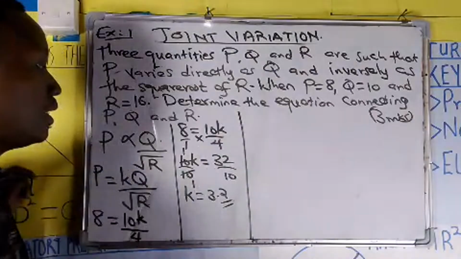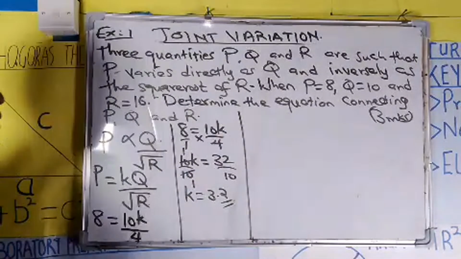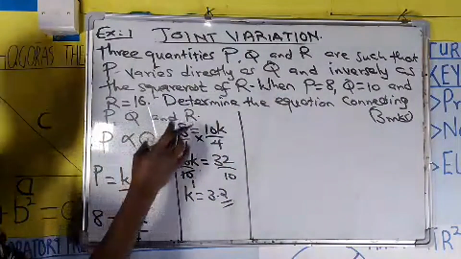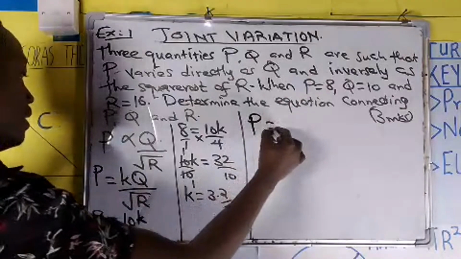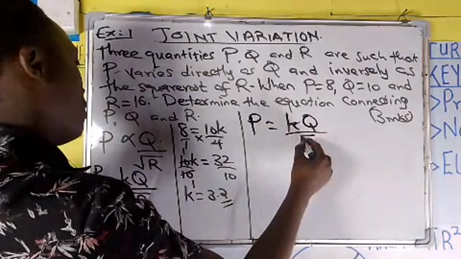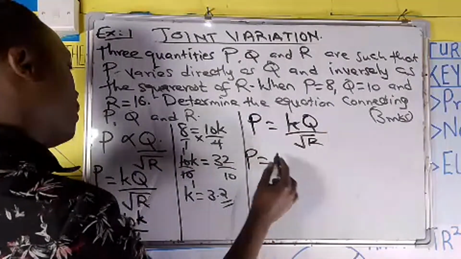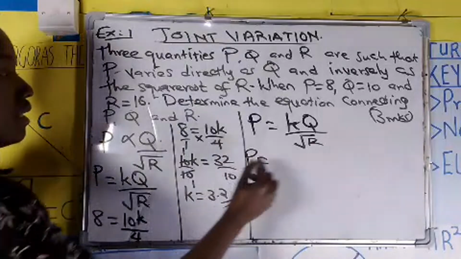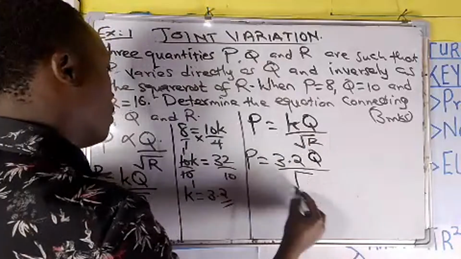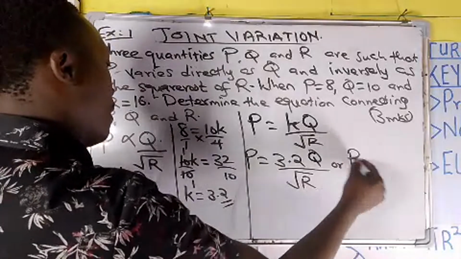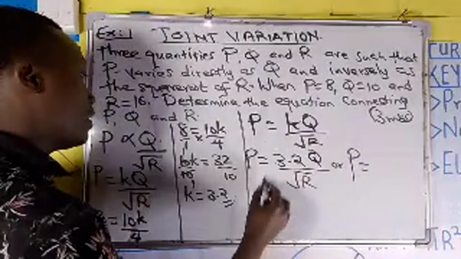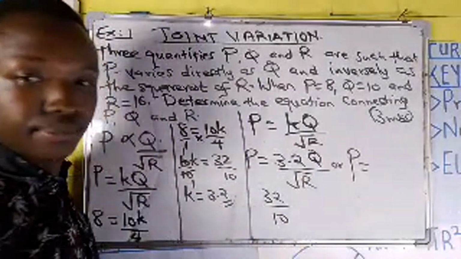And when we get K as 3.2, then we determine the equation connecting P, Q, and R. So the equation will be P is KQ over the square root of R. So P will be equal to 3.2 Q over the square root of R. If we write 3.2 as a fraction, it will be 32 over 10.